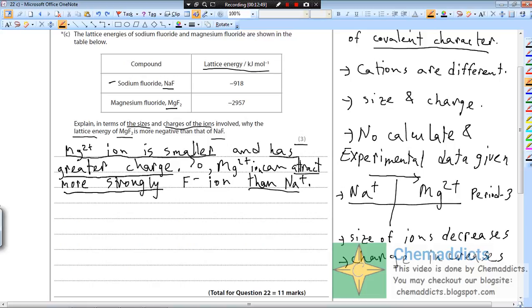Or the other way around, you may answer that magnesium 2 plus ion has greater charge density than sodium ion. For this you will achieve 2 marks, and for the other 1 mark you need to say that magnesium ion can attract fluoride ion more strongly than sodium ion. That's the answer to this question.